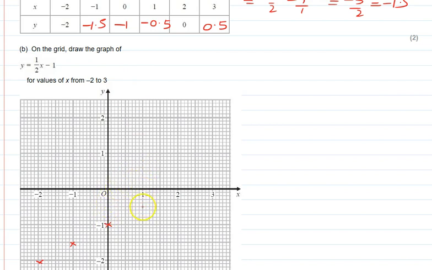Then 1 and minus 0.5. Then 2 and 0. 3 and 0.5. Yeah, so if we draw a line, then it will be like this. Okay, so this will be your graph.